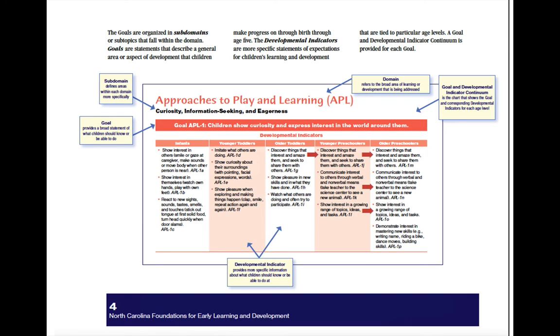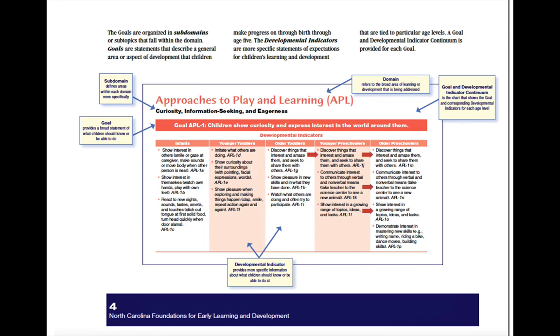Under that particular goal, you will see developmental indicators laid out for each different age group. And again, these age groups will overlap with each other. A 12-month-old might be under infants, or could be under younger toddlers. It just depends on where that child is developing. So let's keep in mind that there's a range of development, a range of ages for these developmental indicators.